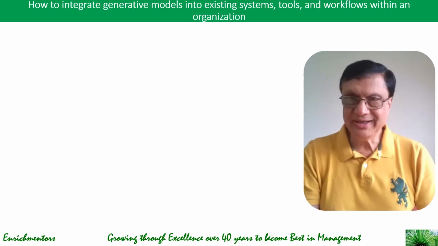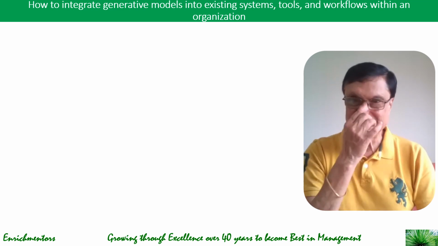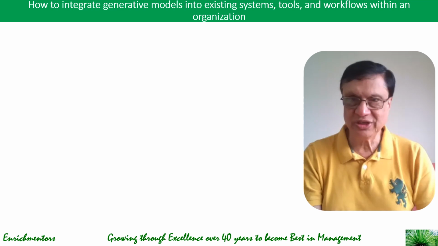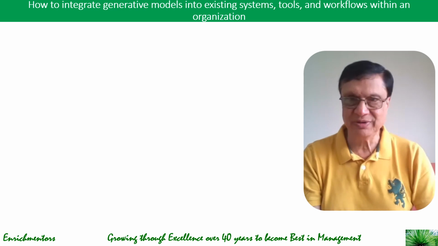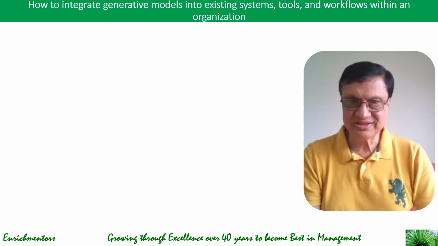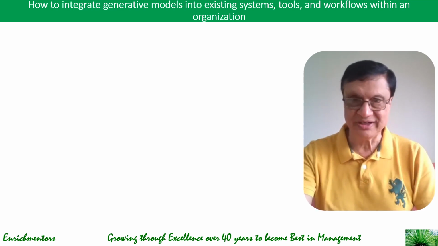Integrating generative models into the existing systems, tools, and workflows within an organization involves several steps. If you take these steps, you can ensure smooth integration, scalability, and maintainability. Now, what are these steps? Let's quickly summarize here.